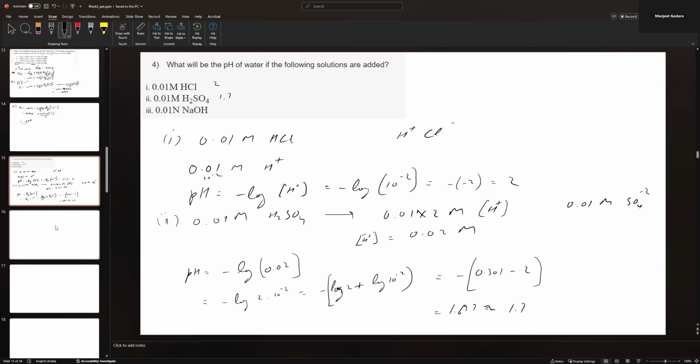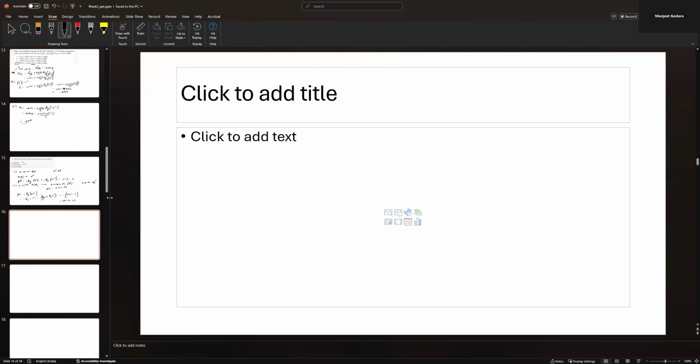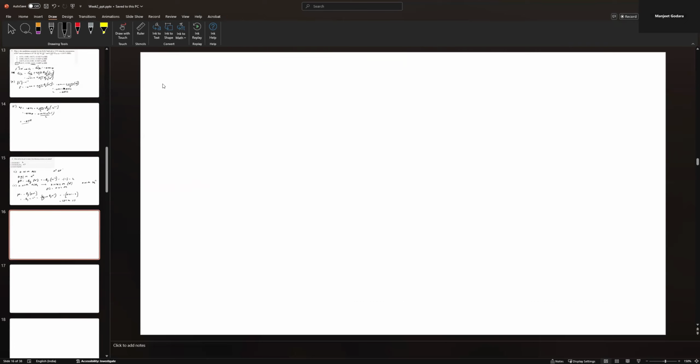Third is the case of NaOH, given 0.01 normal NaOH. Because it only gives one OH minus, the molarity is also the same. Concentration of OH minus is equal to 10 to the power minus 2.